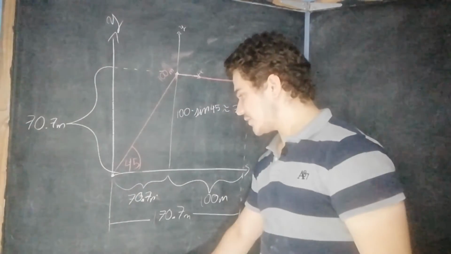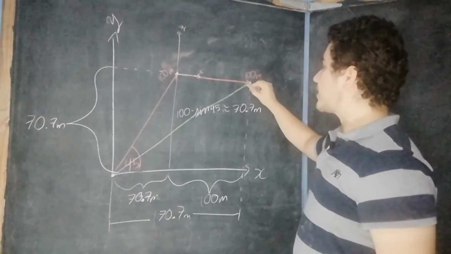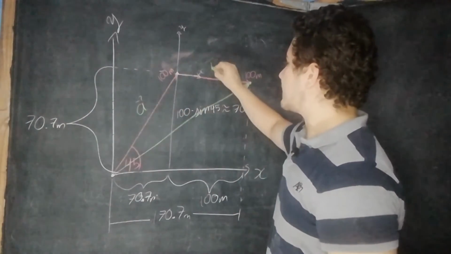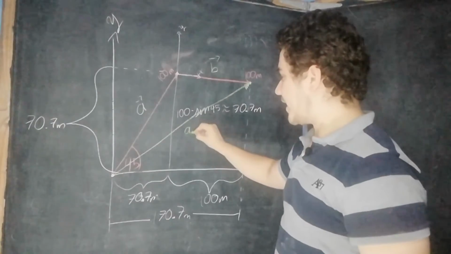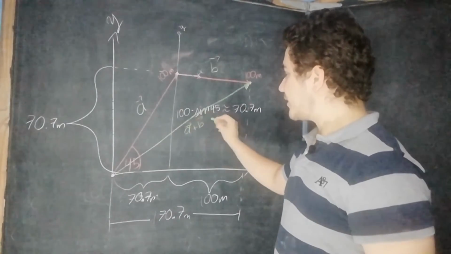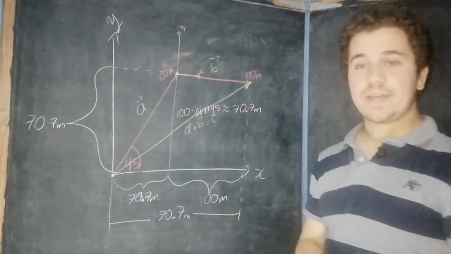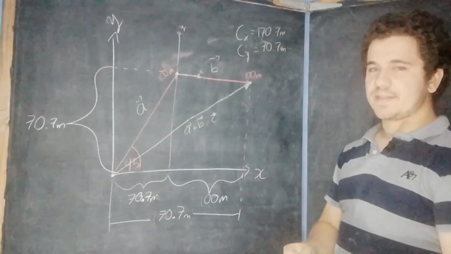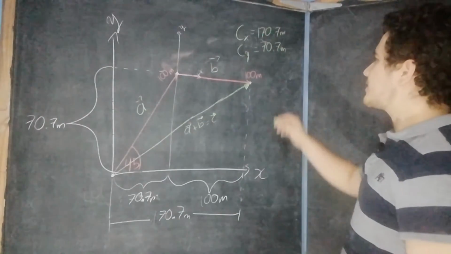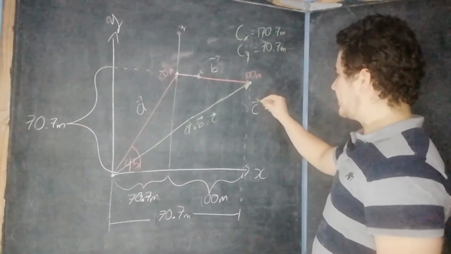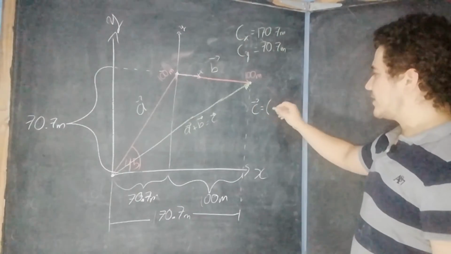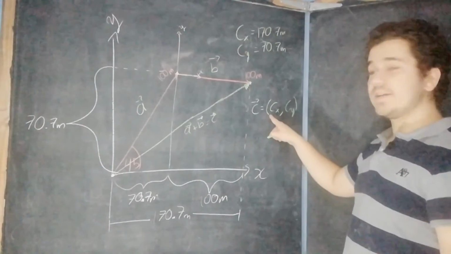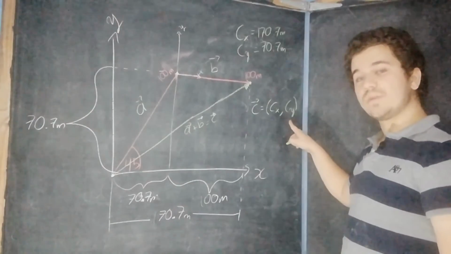We can draw this vector from the tail of the first vector to the head of the last vector. Let's say we call this vector A and this vector B. This will be our vector A plus B, and we can call it the vector C. A short way to write this, and it's actually the most common way, will be to say that C equals the horizontal component of the vector and the vertical component of the vector, Cx comma Cy.